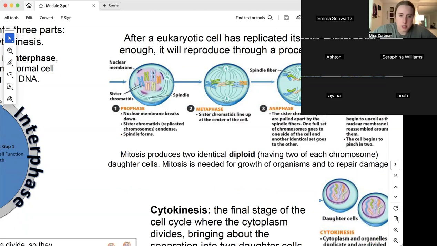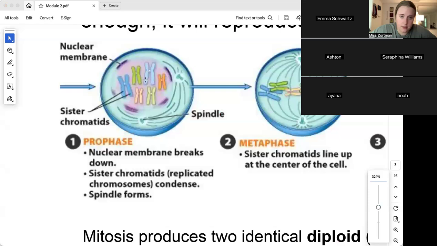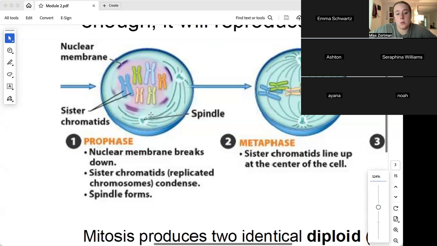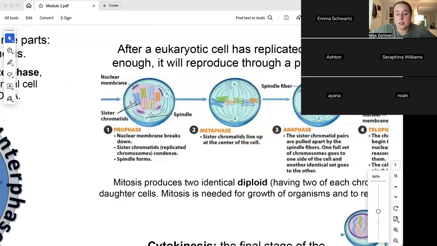So the chromosomes here are separated by copies. So one half of each X is one copy, the other half is the other copy. So that is when we get the term sister chromatids. It should be twin sister chromatids because at this point they are identical to each other. Each half is.